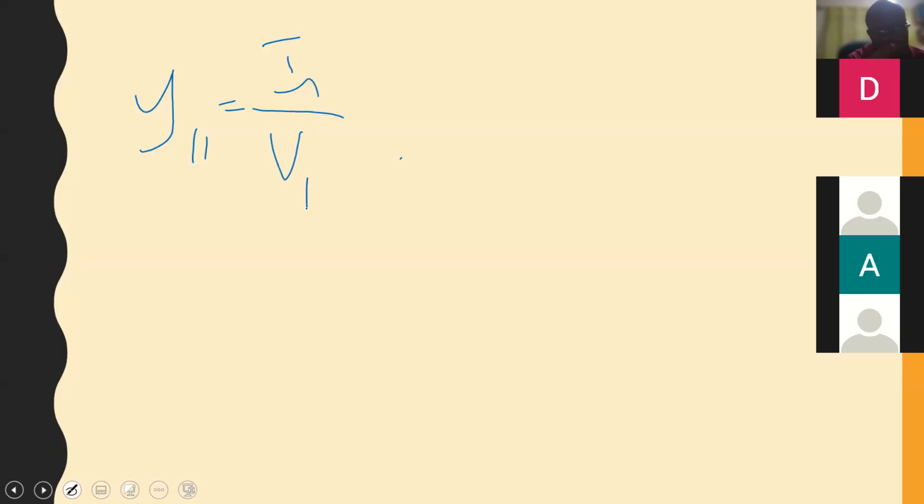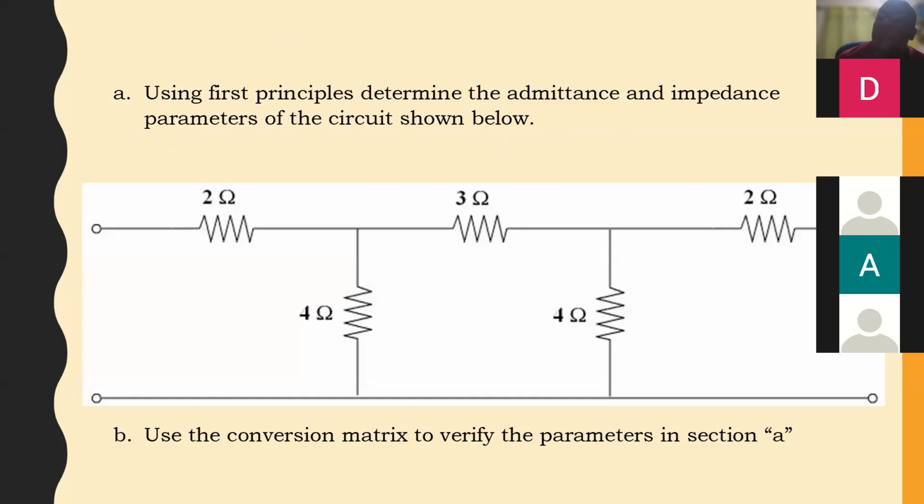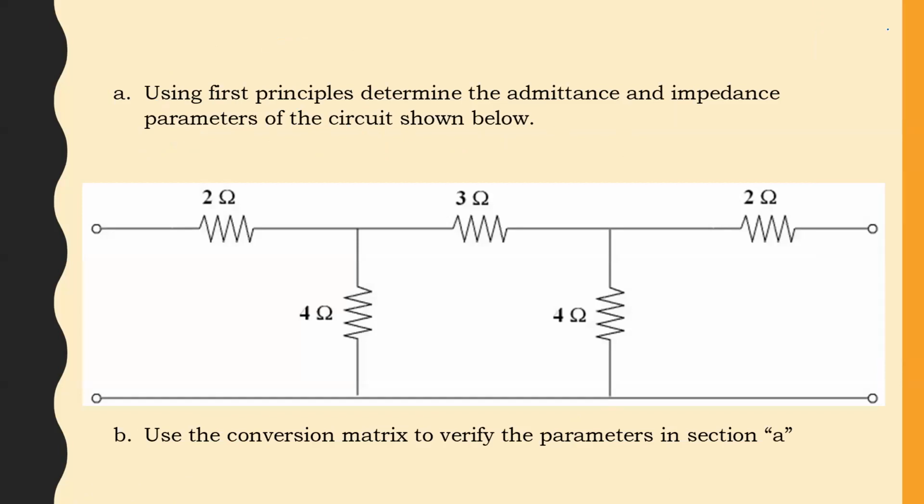So that's I1 over V1 with V2 being equal to 0. It means, therefore, gentlemen, that you're going to come back to your circuit, short circuit port 2, find the relationship between I1 and V1.